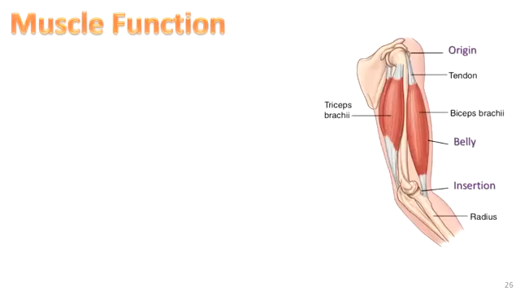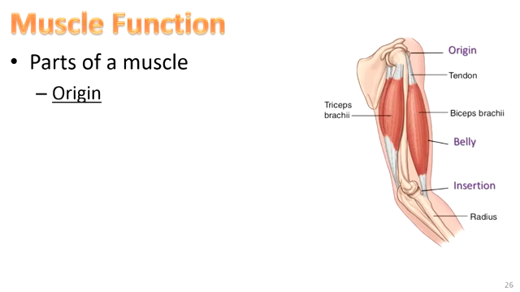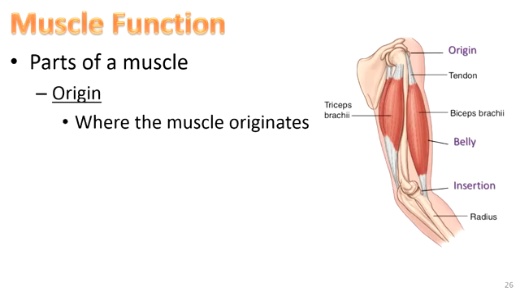All right, so let's talk about some gross anatomy and function for just a second. So we've got to define parts of a muscle so we can understand and be able to communicate using words. And so the first thing we're going to talk about is what's called the origin. And this is where the muscle originates. Now, it's not always clear where this is, but most of the time it's pretty simple.